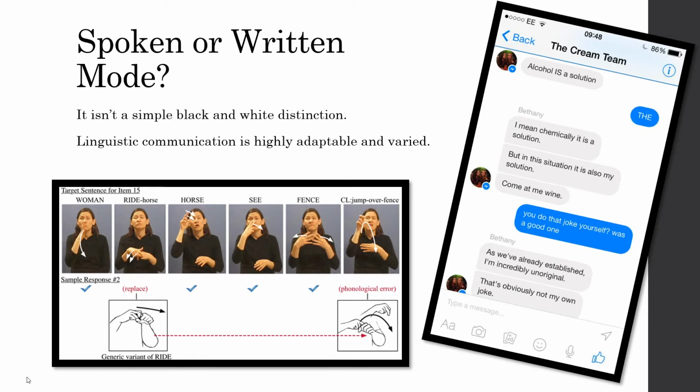The two examples there, if you have a look at what we could call the group chat example of linguistic communication, and if we asked ourselves if that little interaction there we see from the cream team is a written text or a spoken text, well, obviously it is written or typed.